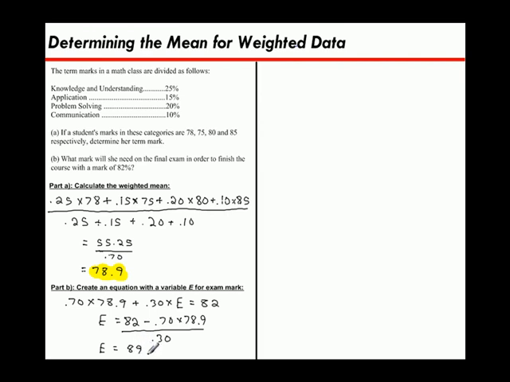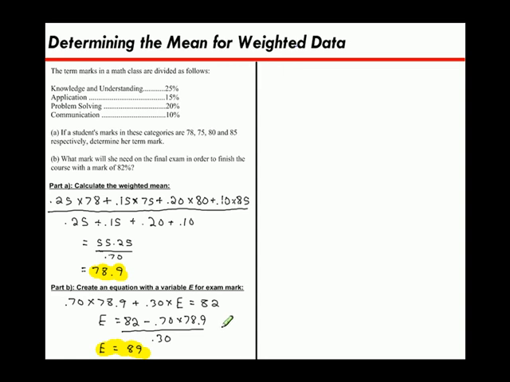So she's going to have to do pretty well on her exam. So if she studies really hard and fortunately ends up with an 89 on her exam, it'll boost her mark up from a 78.9 to an 82, which is what she was after. So there's an example of how you would use weighted data and find the mean in everyday life. It comes up all the time in school marks.